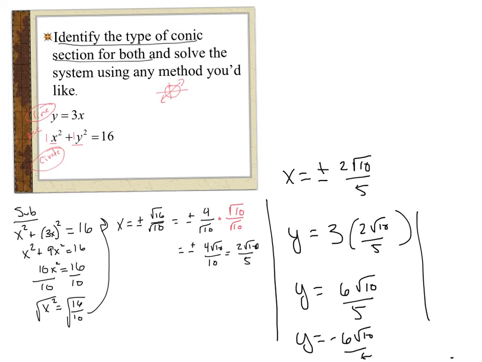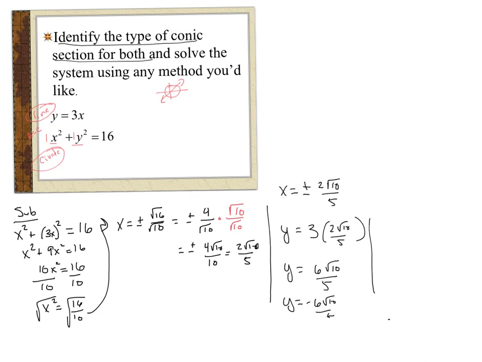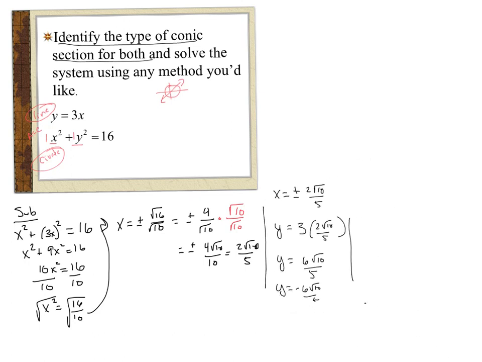So how do I put these together? I'm going to have 2 points here. I'm going to have the 2 root 10 over 5 and 6 root 10 over 5. That was one point of intersection. The second one was the negatives.